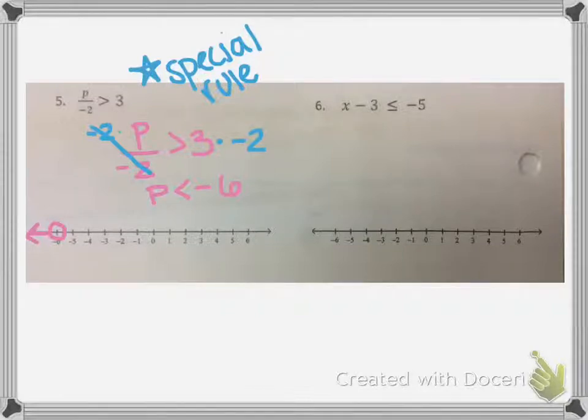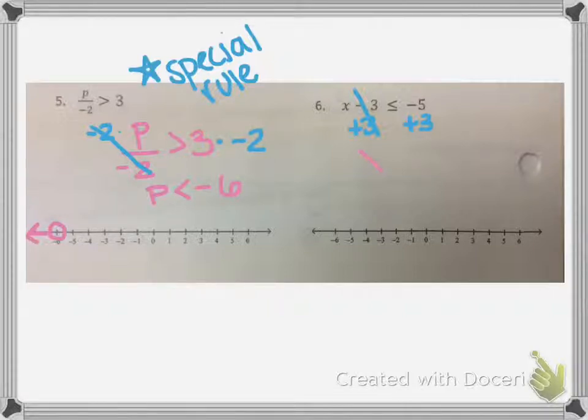Problem number 6, x minus 3 is less than or equal to negative 5. I undo subtracting by adding. But I'm going to get the blue ink here. I'm going to add 3 to both sides. So the 3's cancel.